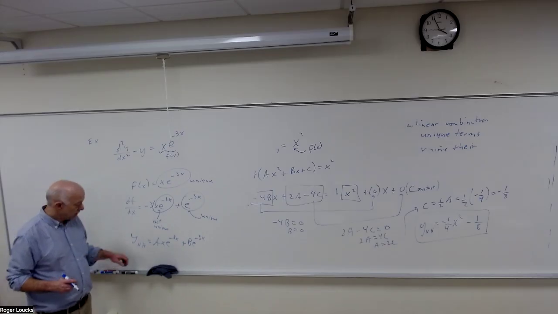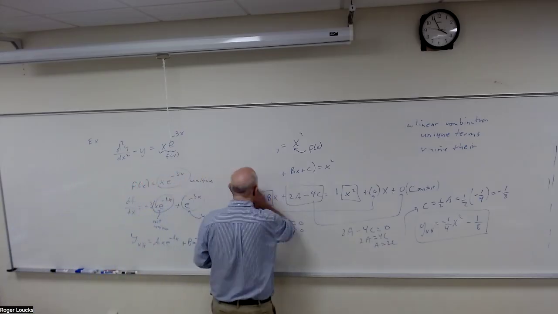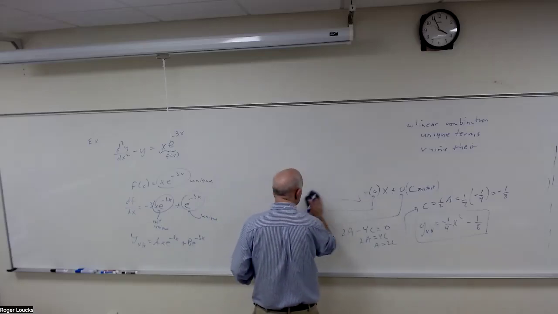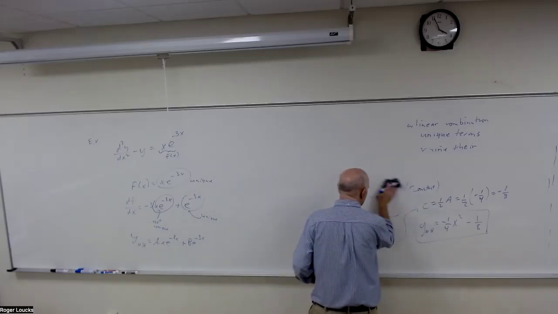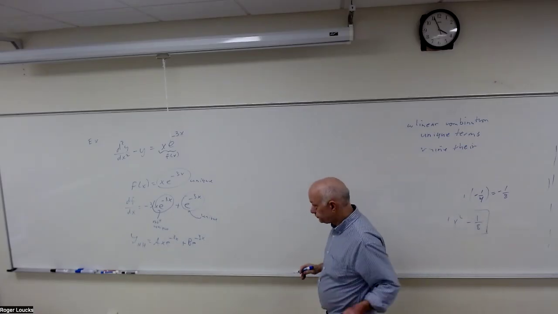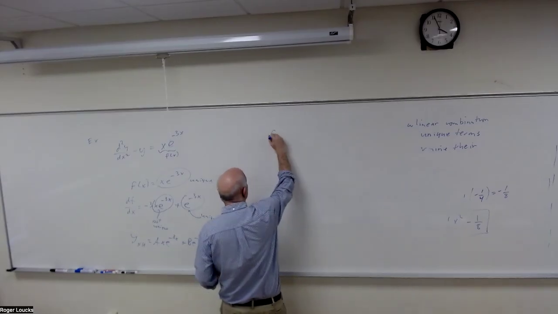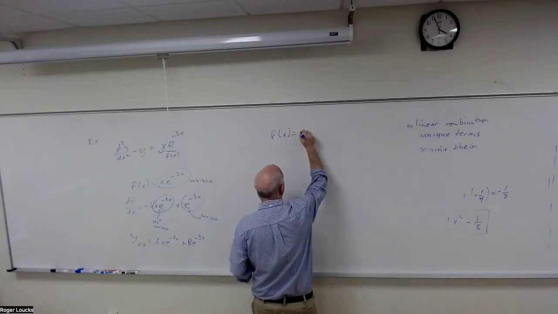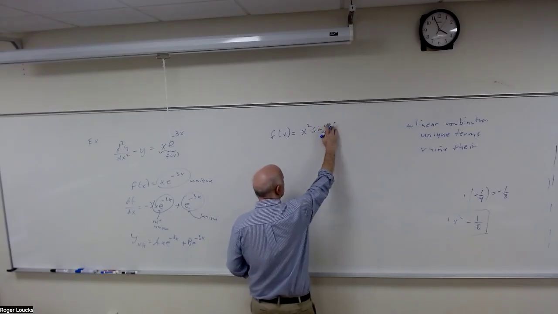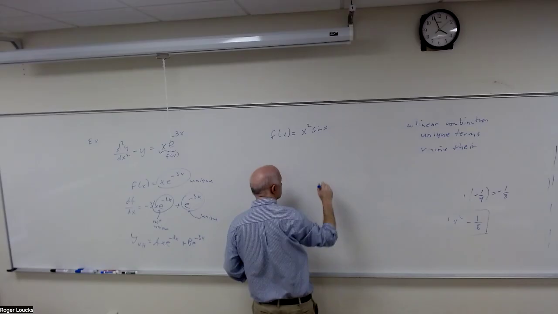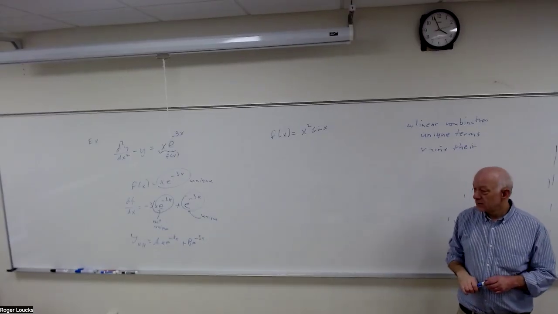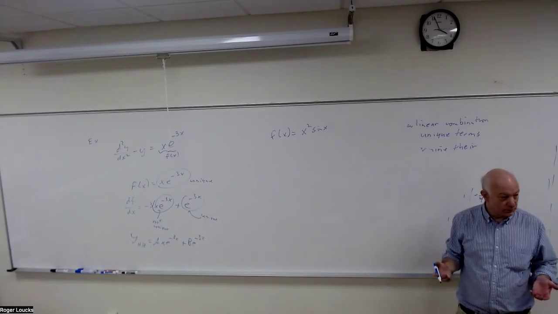That makes sense? Now what happens if I had this? Right, f of x is x squared sine x. Let's just say, go over this one. What do you have to do?